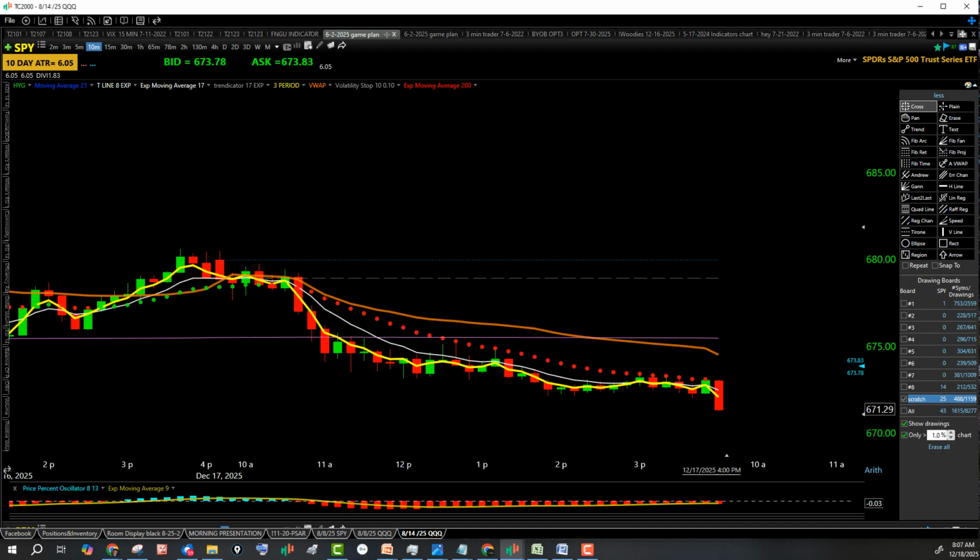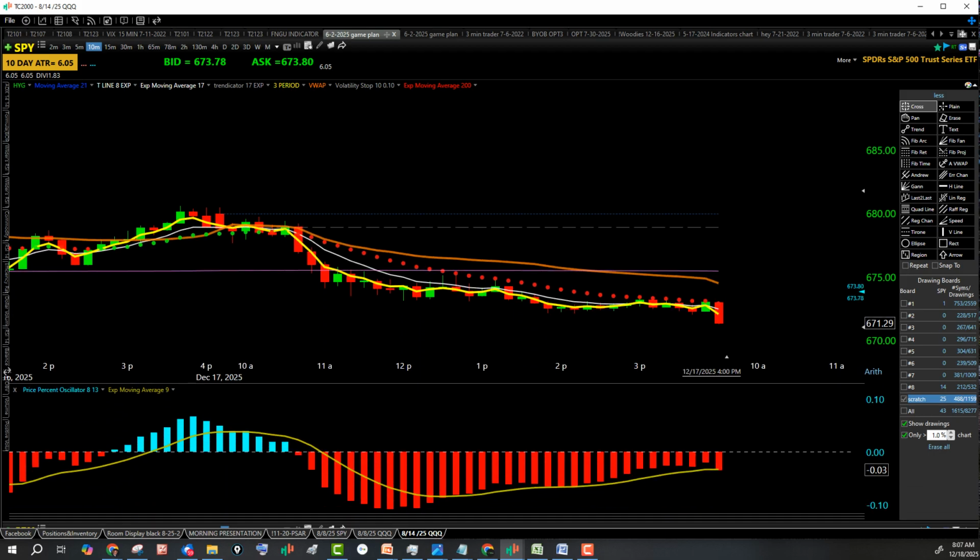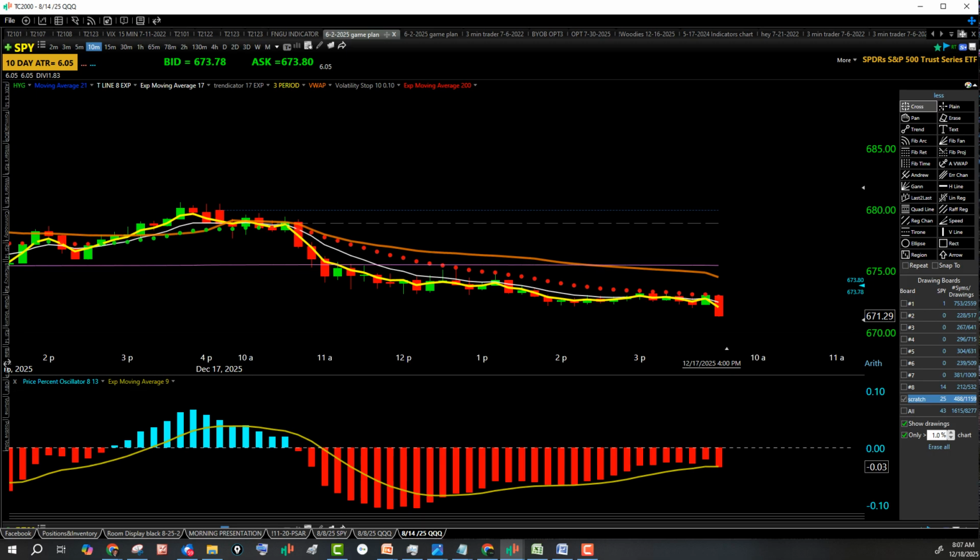Okay, you can see on the 10-minute, you got the PPO right here. See how it rips underneath the 9 EMA? That's all opportunity right there. So again, 10-minute downtrend under VWAP. VWAP is the brown line right there.